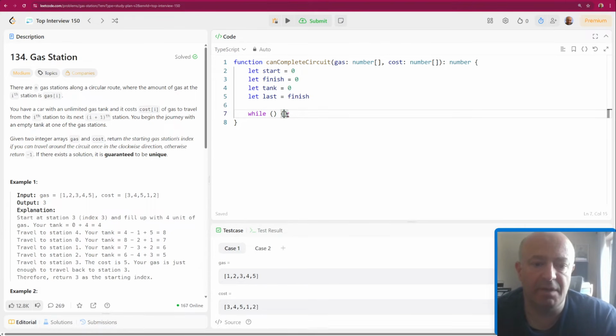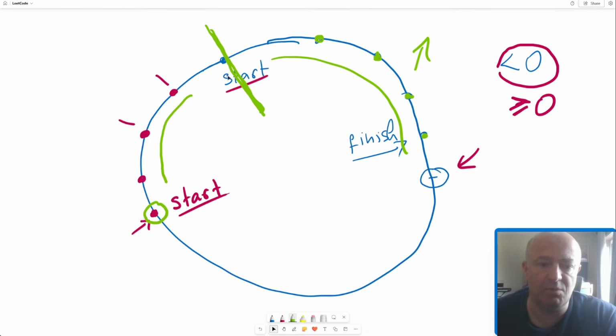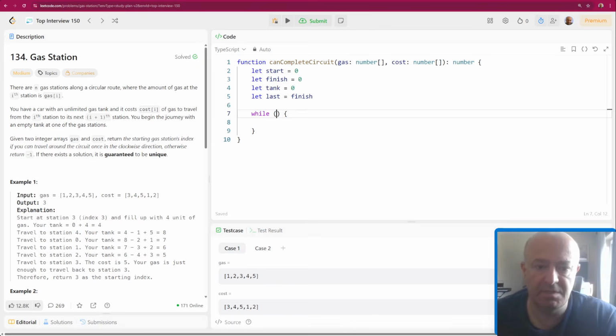So I'm going to have a while loop. Now, how long should I run this algorithm? I mean, we should run it until start and finish meet, right? But to do that properly, I'm going to set start not to 0, but to an equivalent number modulo n. So gas length, that's our n, right? What I mean by this is I'm going to be decreasing start and increasing finish, so moving counterclockwise and clockwise.